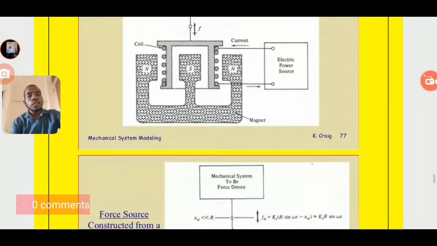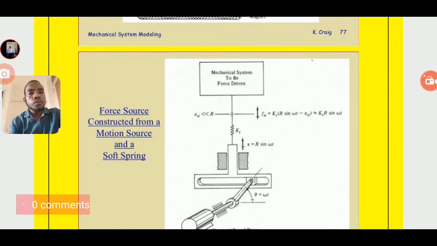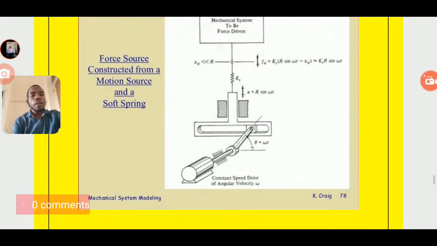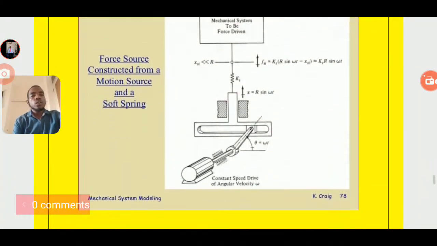Here also is a mechanical system to be force driven, with this diagram: a constant speed drive of angular velocity omega. A force source constructed from a motion source and a soft spring is also another example of a force source.